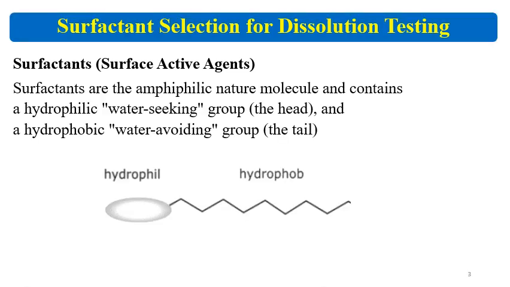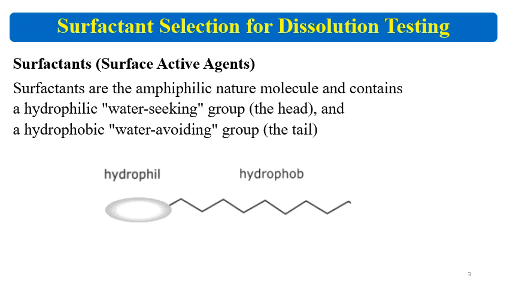So how do these surfactants work, or how do these surfactants behave as surface active agents? Surfactants are amphiphilic in nature. These are amphiphilic molecules, that means they have both hydrophilic and lipophilic nature.